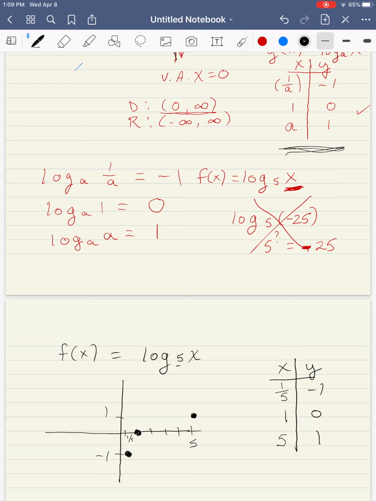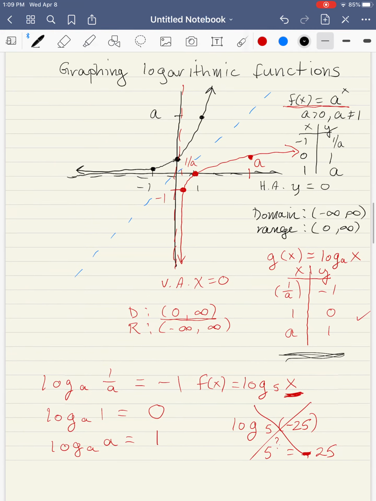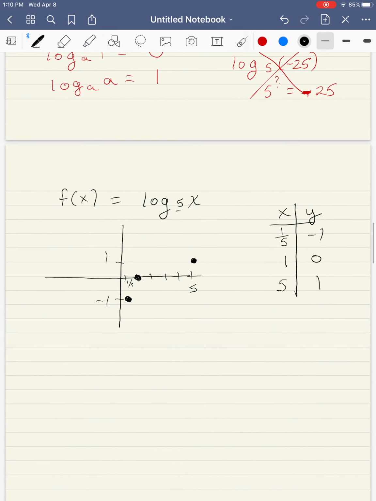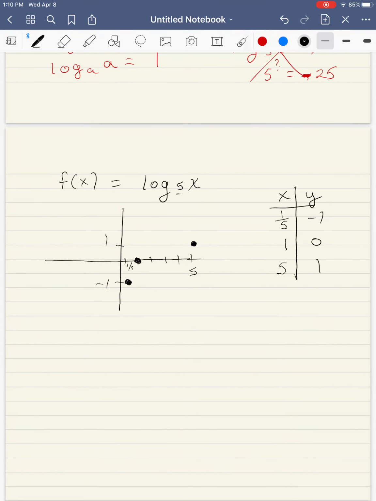All right. Now that's not enough information to draw the shape. So I have to memorize that my logarithmic shape is the one that's sweeping up along the y-axis and then curving out to the right. And that is always going to be my logarithmic shape.